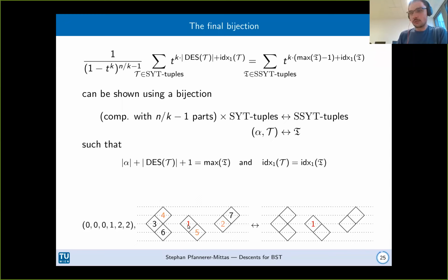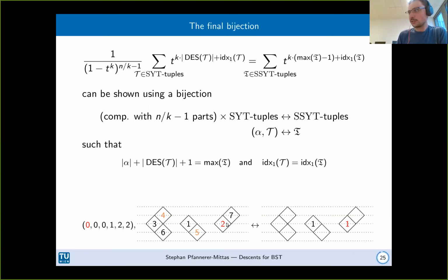So we go from 1 to 2. This will tell us that we should put the next entry into this position here. And we see 1 was not a descent. So what we simply will do is keep writing a 1. Now the next entry should go where the 3 was, and 2 is a descent here.